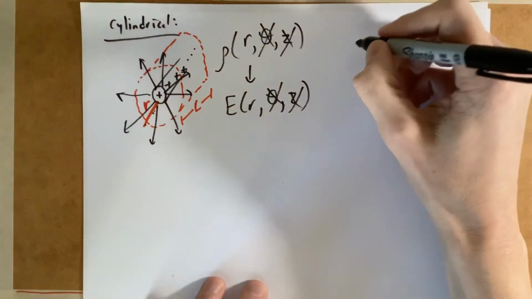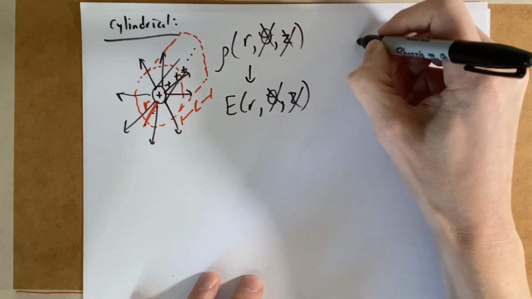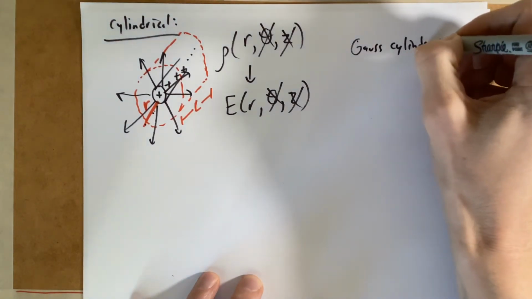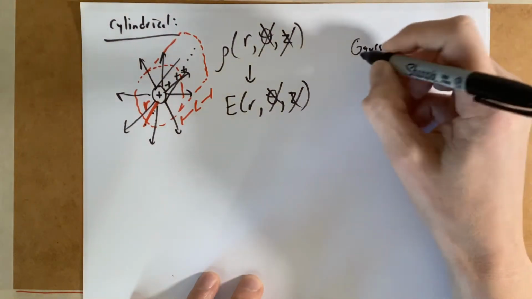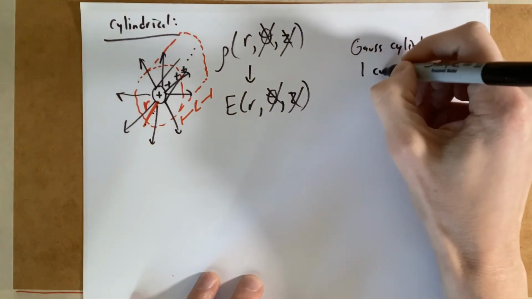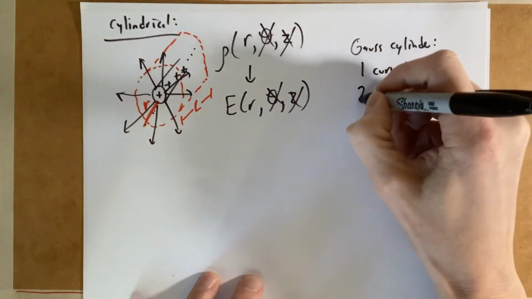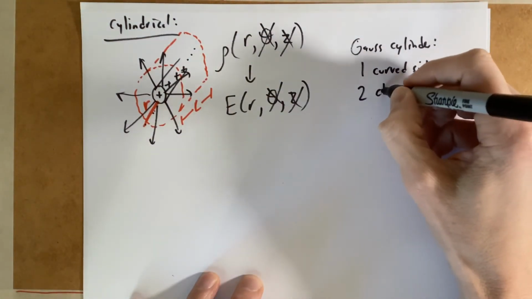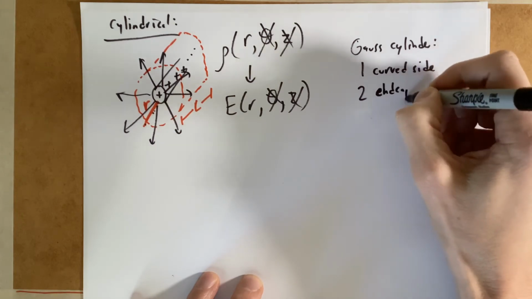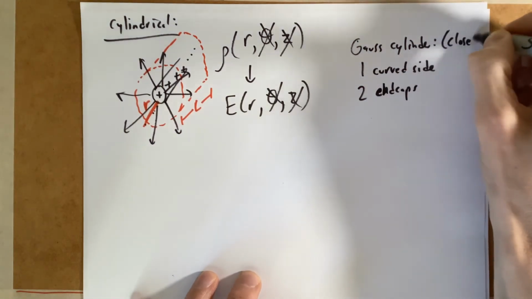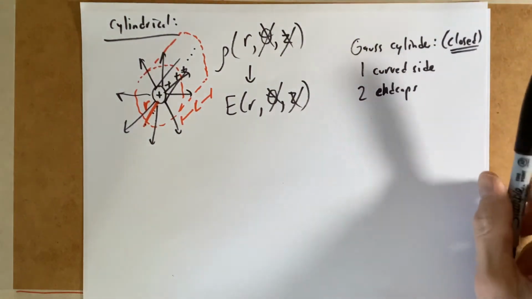So my Gaussian cylinder has three sides. It has one curved side, and it has two end caps. Remember, this has to be a closed surface, okay?